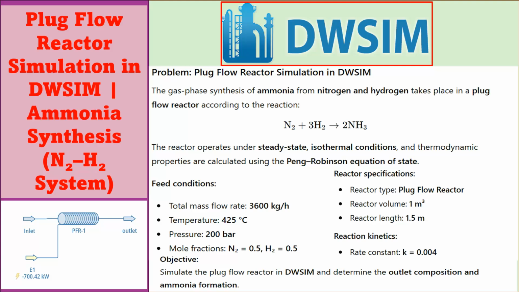The plug flow reactor has a volume of 1 cubic meter and a length of 1.5 meter, and simplified reaction kinetics are used to model ammonia formation. The objective of the simulation is to determine the outlet composition and the ammonia formation composition. So let us proceed with the DWSIM simulation.